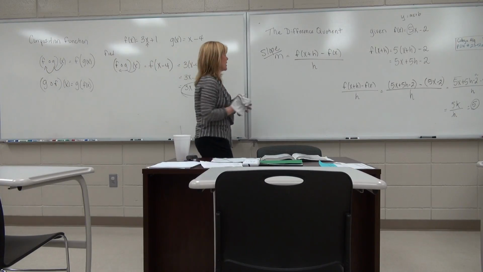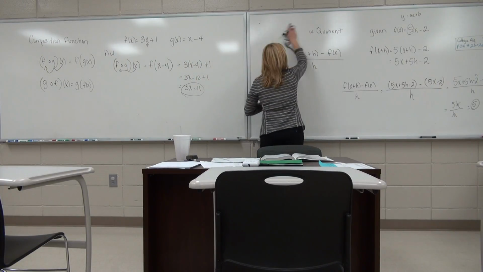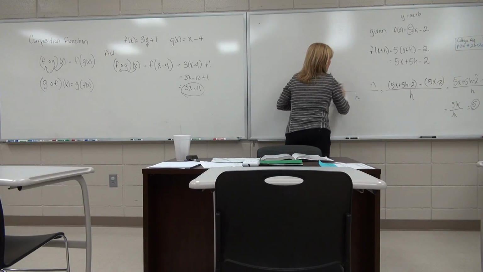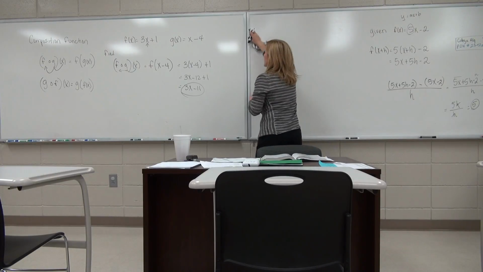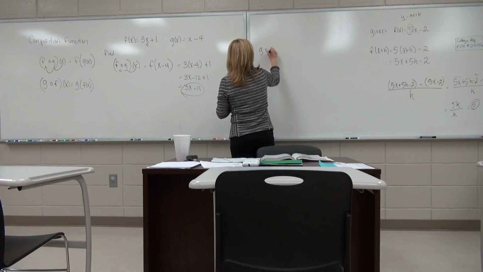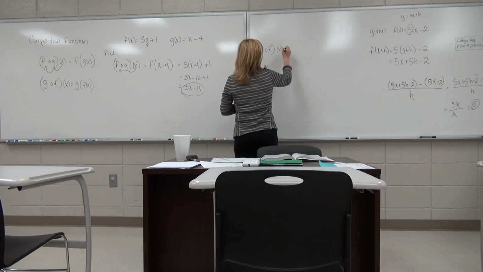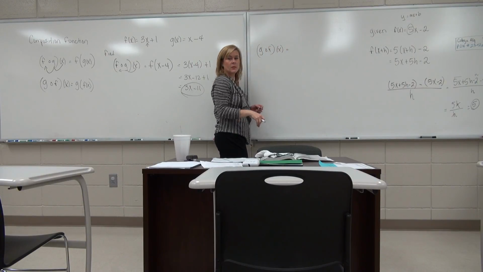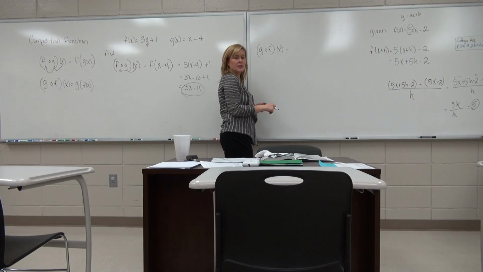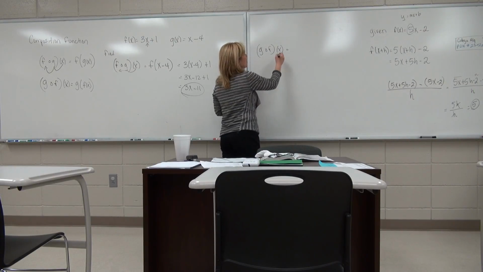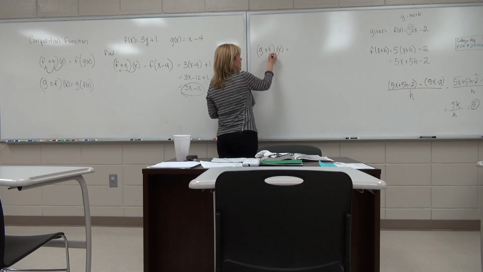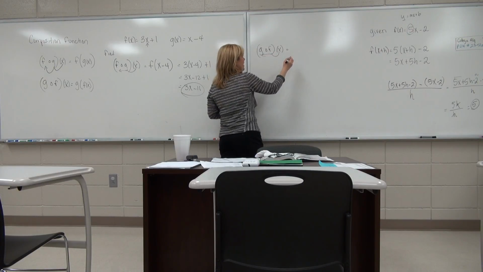All right, let's go the other way. Let's find g composed of f of x. So now I want to find g composed of f of x. So we're going to work our way backwards. Everybody caught up with me? So we put our f of x inside of the g.